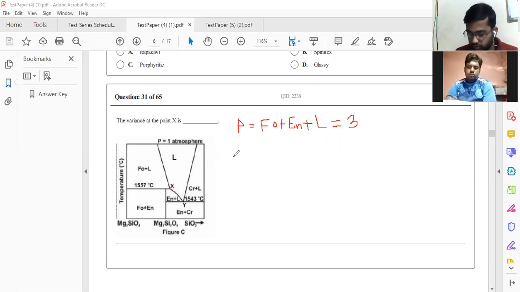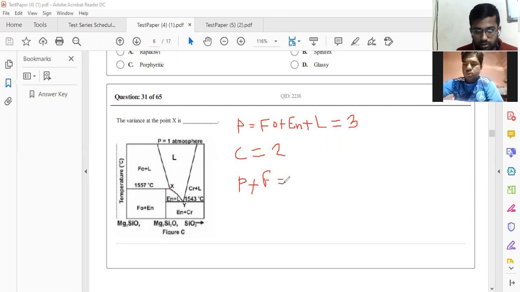Then what you need? F you need to calculate, and standard example, okay, of binary system means 2 components. Okay, use phase rule. कौन सा लगाओगे? P plus F is equal to C plus 1.